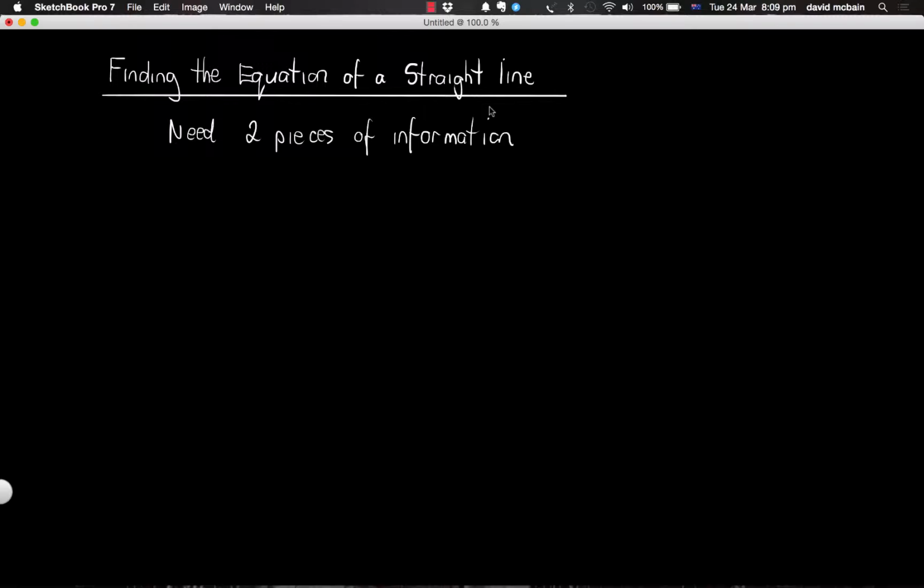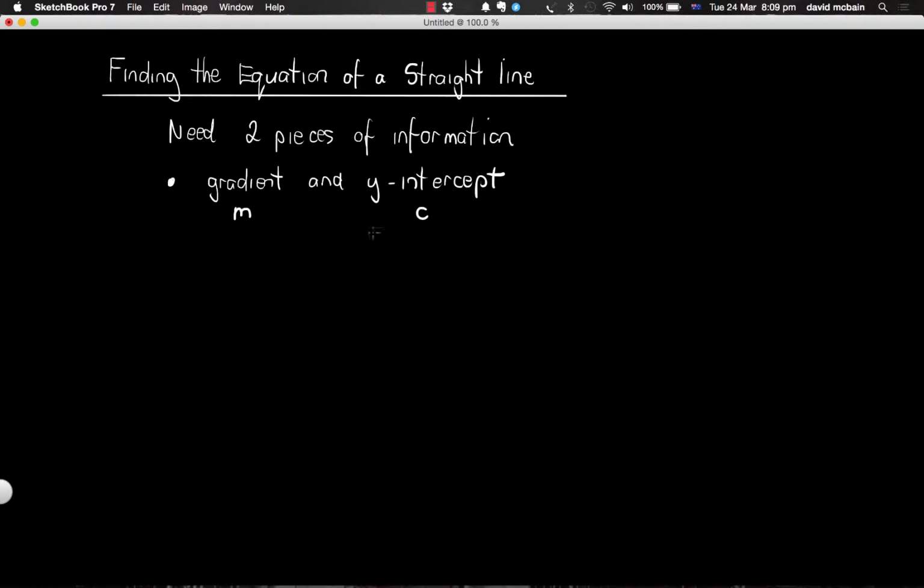That means we can either have, for example, the gradient and the y-intercept, well, that's probably the easiest problem you'll ever get. If you know those two, you can determine the equation of a straight line. Remember, the gradient is m and the y-intercept is c.